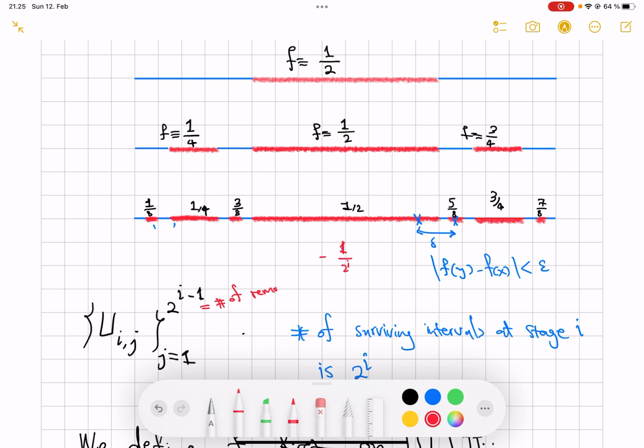And only a certain number of them can fit into an interval of length delta, because you have to have delta bigger than that. And then how much do the jumps of the function add up along these? Every time you move from one such interval to another of the same length, the most you jump is 2 over 2 to the power i, because you add 2 to the numerator.